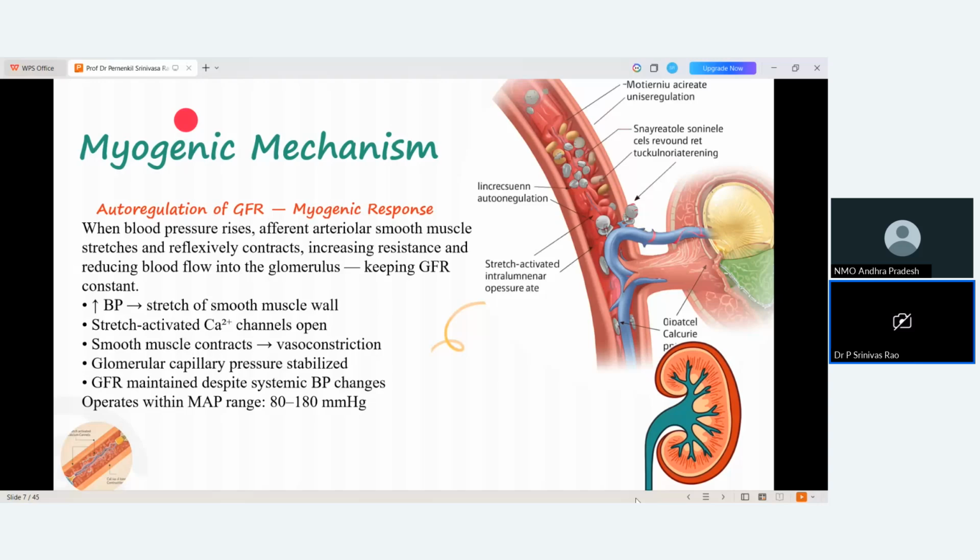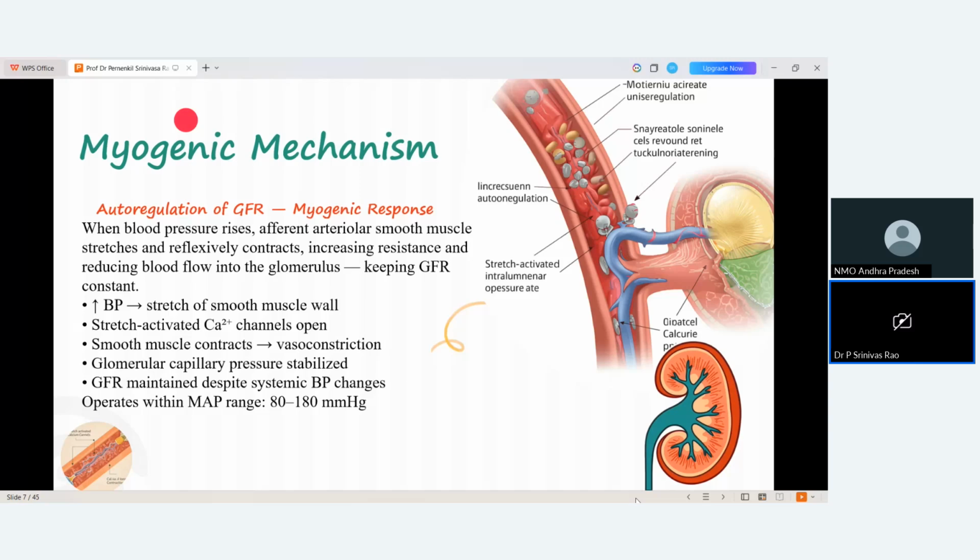I think you know there are different calcium channels, and the ligands could be stretch, or it could be voltage gated, or it could be in some places chemical gated. In the neuromuscular junction you have voltage gated calcium channels, but here it is stretch activated calcium channels. So whenever there is a stretch, these calcium channels will open. When the calcium channels open, the smooth muscle will contract.